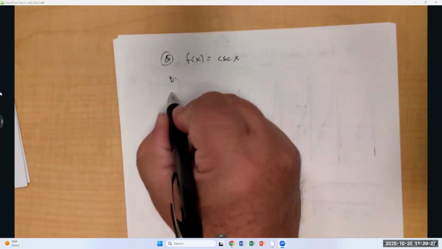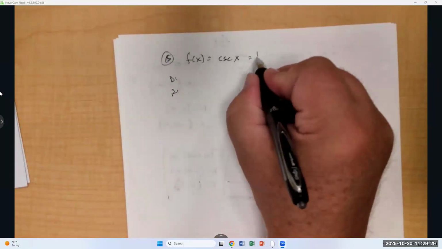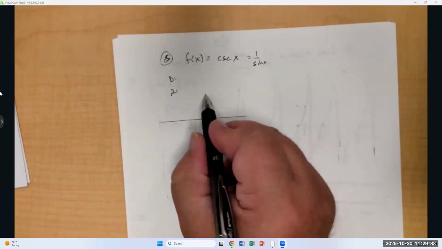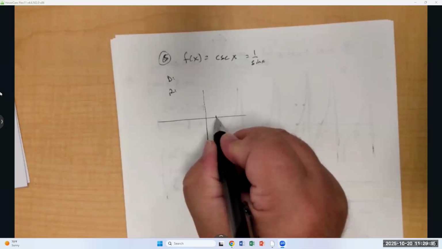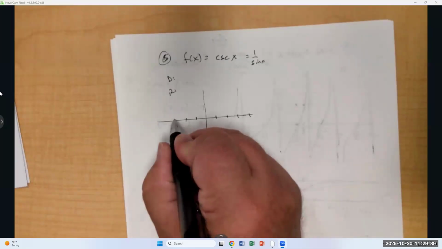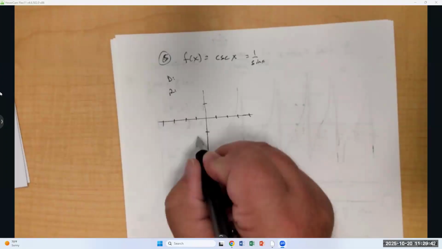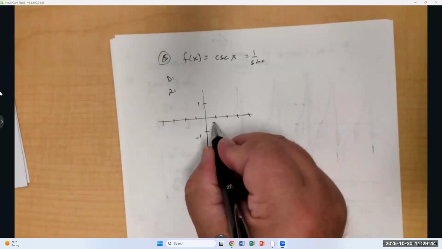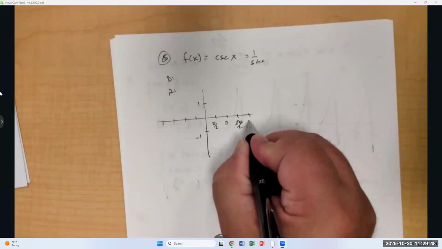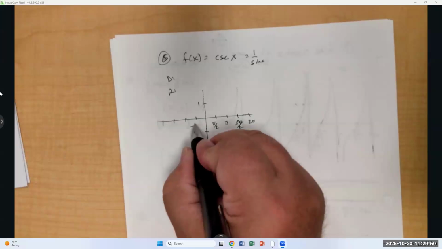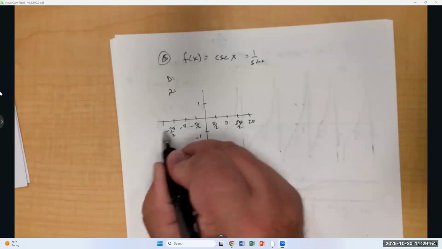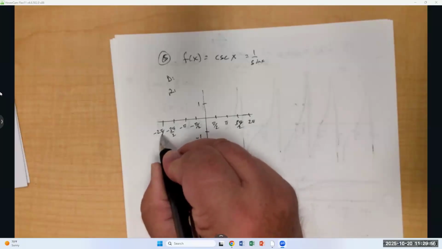The domain, the range. Cosecant is 1 over sine. So we look at the sine function and reciprocate it: pi over 2, pi, 3 pi over 2, 2 pi, negative pi over 2, negative pi, negative 3 pi over 2, negative 2 pi.